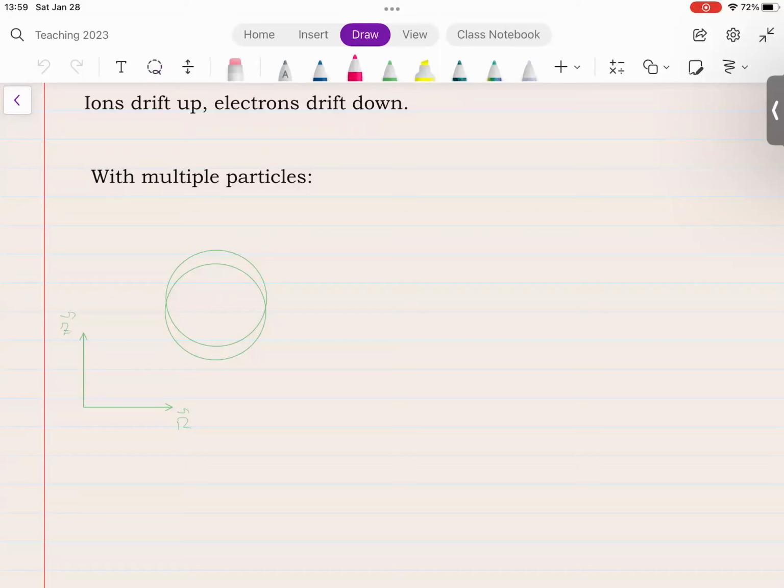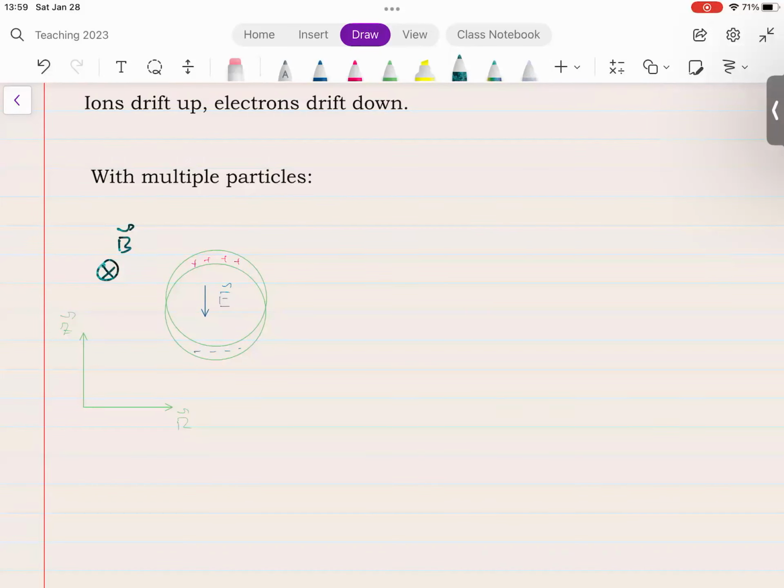What happens is that ions are going to move up and electrons are going to move down. And therefore, I'm going to have an electric field that points from the positive charges to the negative charges. That is this way. But remember, the toroidal field is this way.